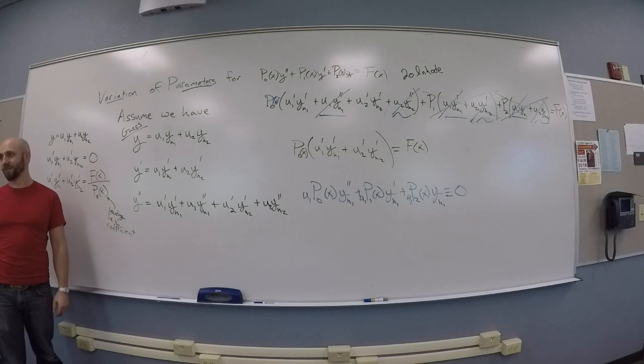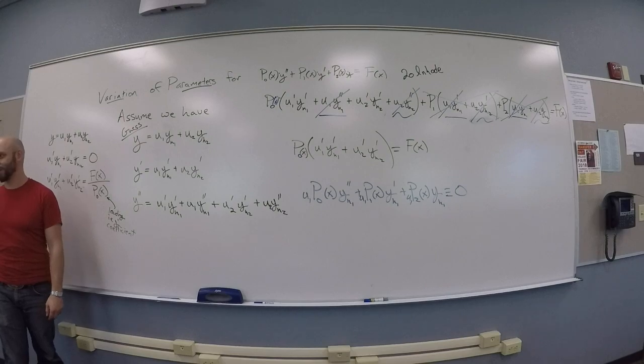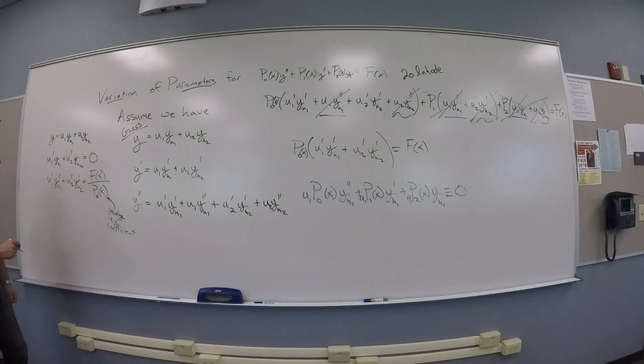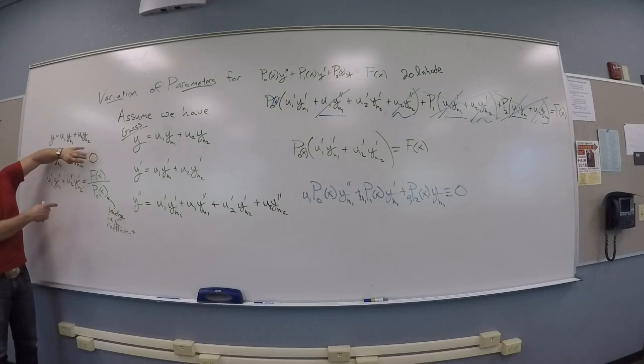So will you get more equations in your system of equations? No, you'll get fewer equations. In the end, you'd get one equation, and it's gonna have four unknowns in it.